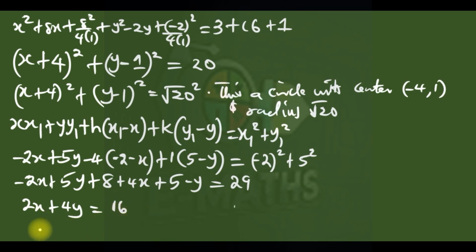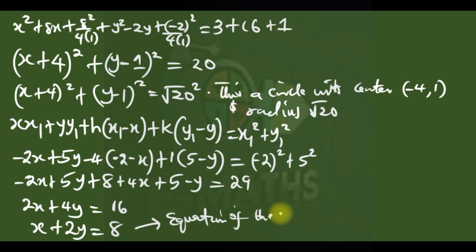We can still simplify by dividing both sides by 2. So I have x plus 2y equals 8. So that's our equation. So that's our answer.